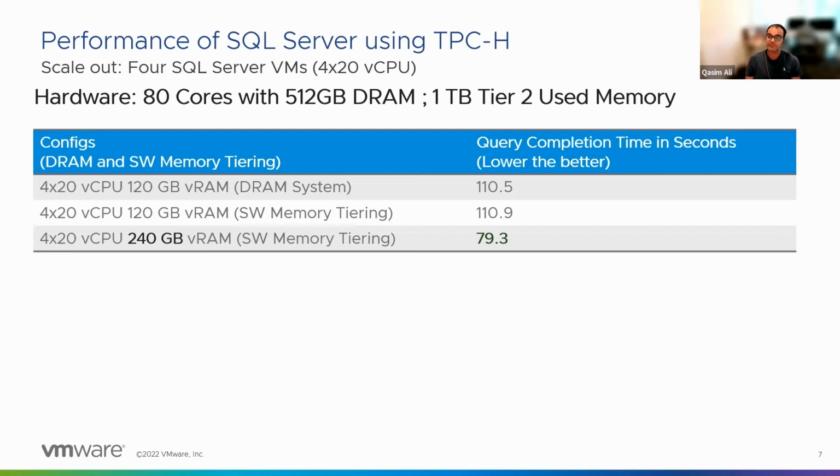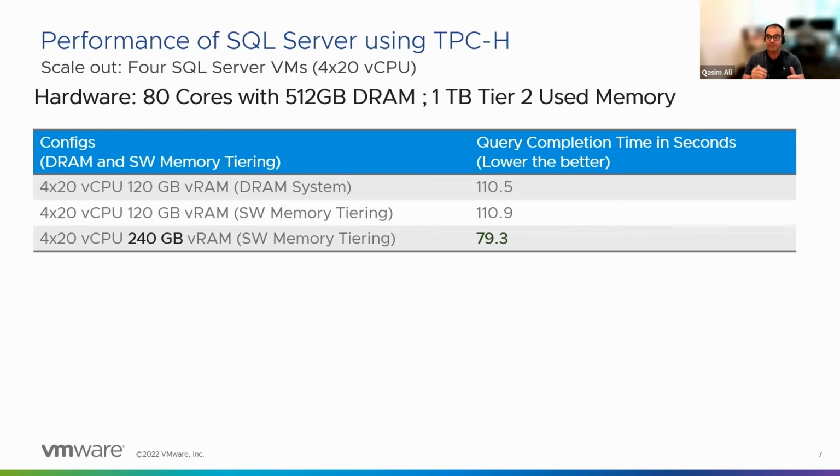Now, the system works even better when you're trying to overcommit memory with respect to DRAM. In the third row, you can see that we have allocated 240 gigabytes per VM. Multiplied by 4, that is roughly 1 terabyte, so we are way above DRAM. The general guideline in a memory tiered solution is don't let your working set go past the fastest tier.